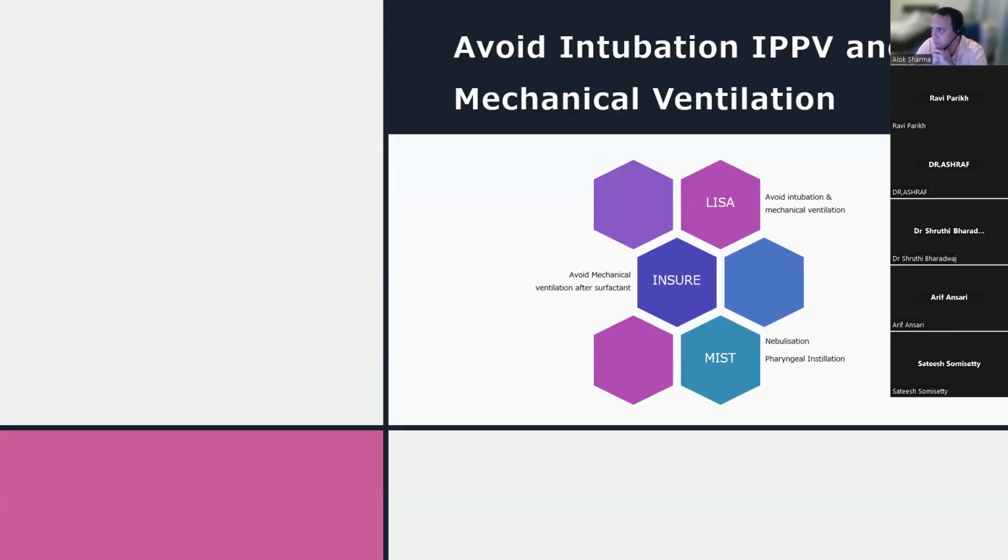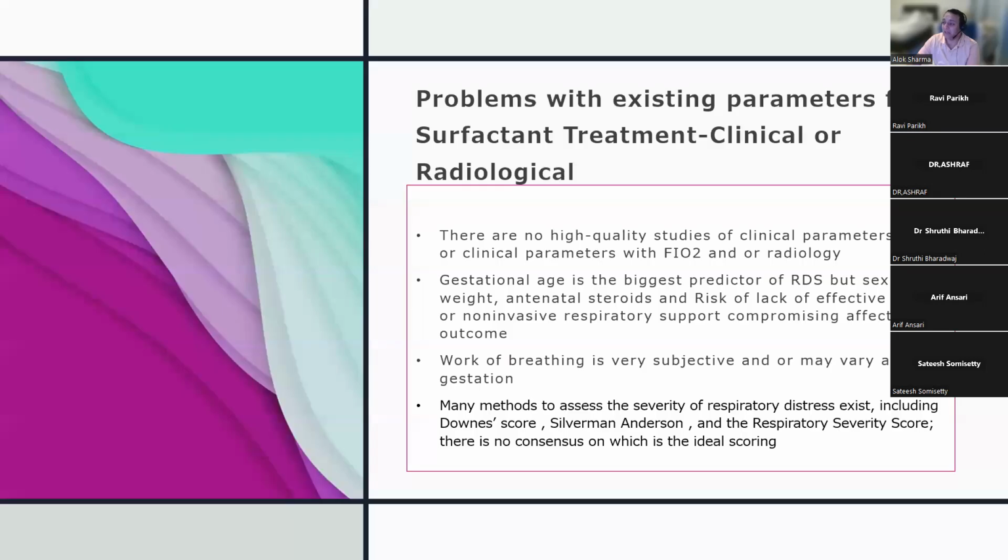I think for us, why is PEEP important? It's because we want to avoid intubation. We want to really prevent mechanical ventilation of these babies. And there are different ways in which we've evolved into providing these when we have PEEP failure in the delivery suite. A real question for us is how we identify the babies who really need it.